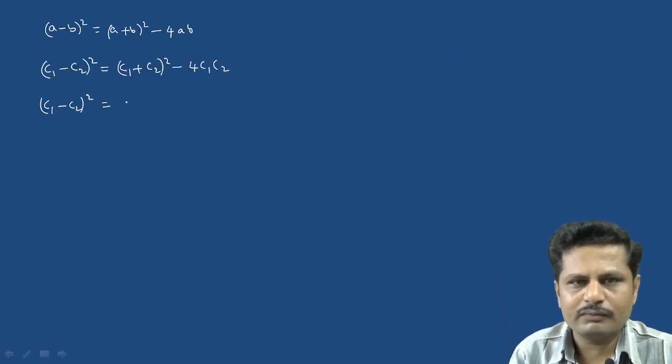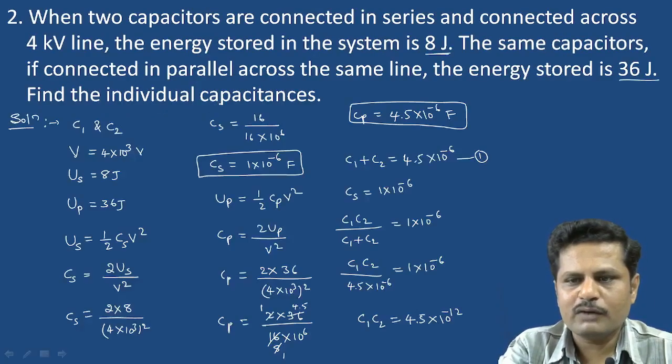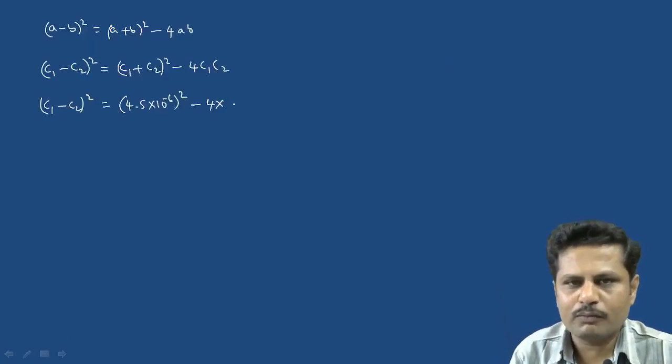4.5 into 10 raised to minus 6, whole square, minus 4 into C1 into C2. C1 into C2 is 4.5 into 10 raised to minus 12.